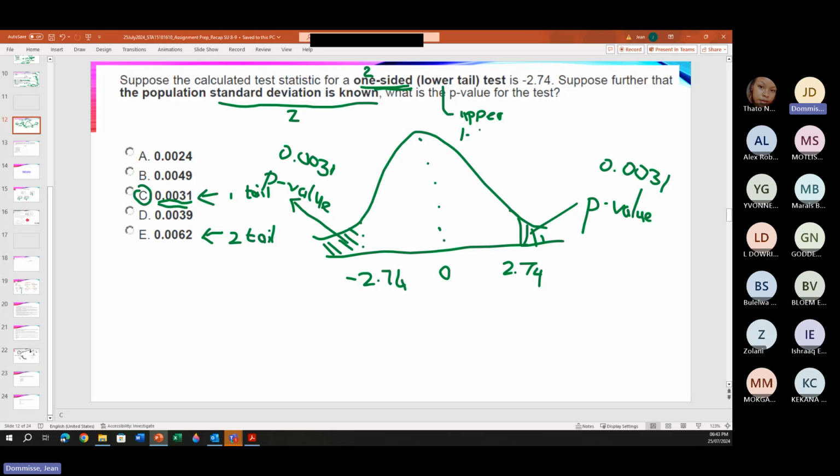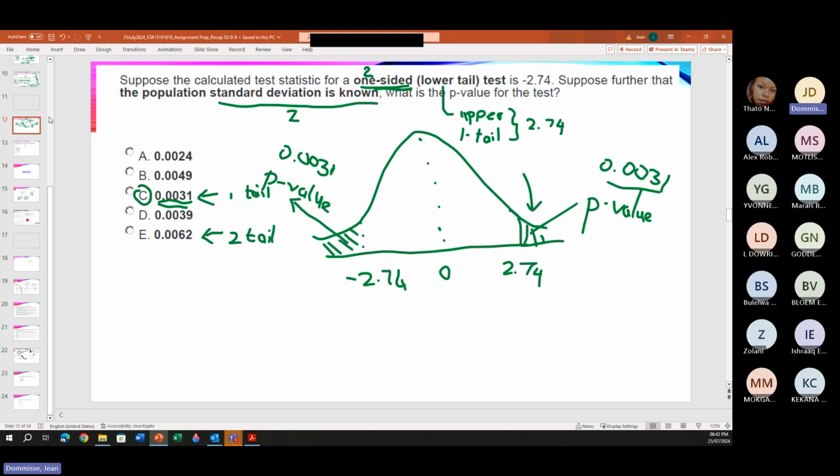So one tail upper would have been positive 2,74, and then it would have referred to this one of 0,0031. So again, they can phrase it a bit differently to say upper, lower tail. It doesn't only need to be always the negative side.